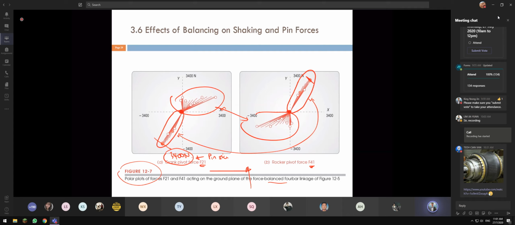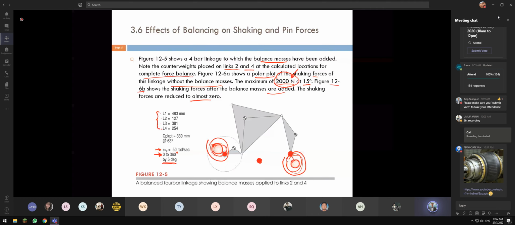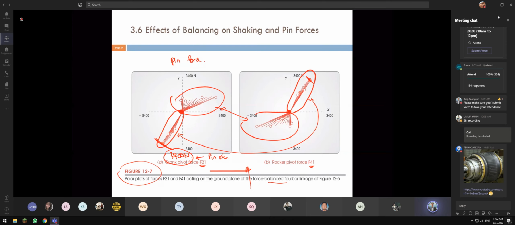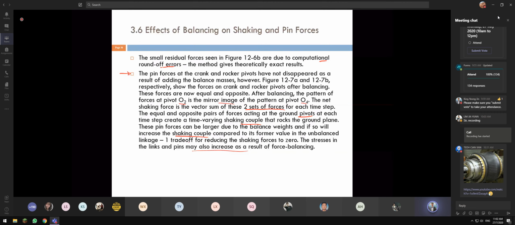So one of the problems we might face when we add this counterbalance mass is that there is a possibility that our pin force is increased. So we call this the pin force. There is a possibility of an increase in the pin force. Right. So there will be a trade-off in the system.